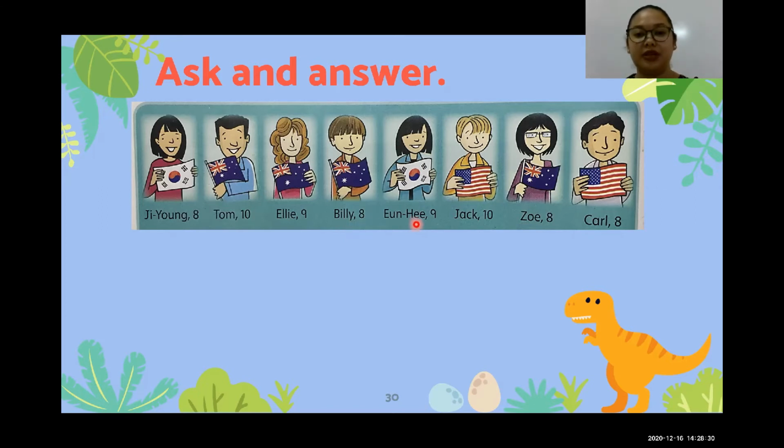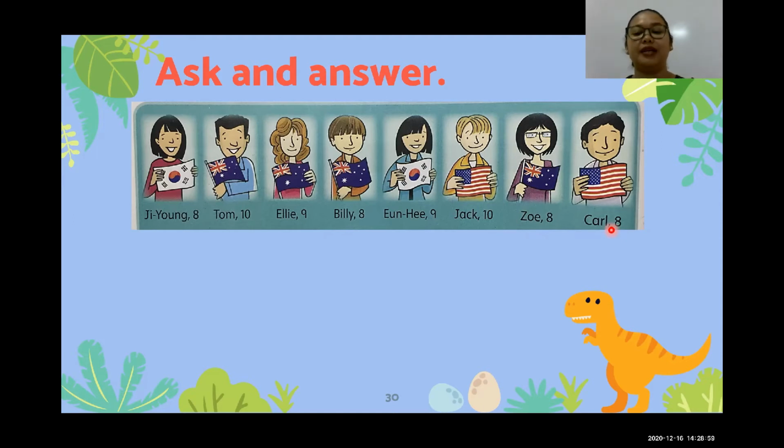This is Yoonhee. She's 9 and she's from South Korea. This is Jack. He's 10. He's from the USA. This is Zoe. She's 8 and she's from Australia. This is Carl. He's 8 and he's from the USA.